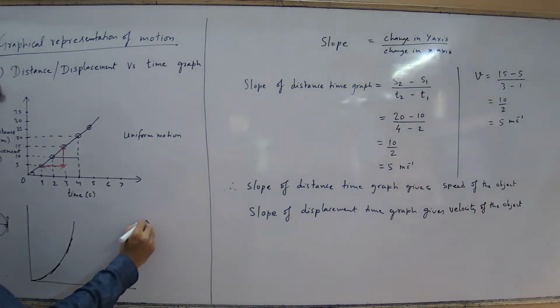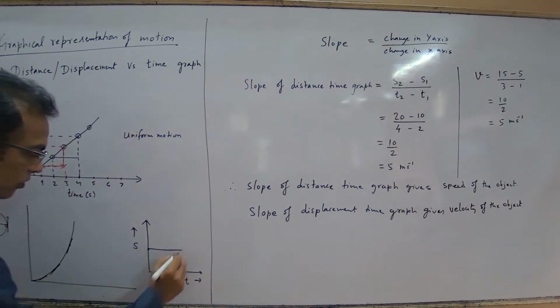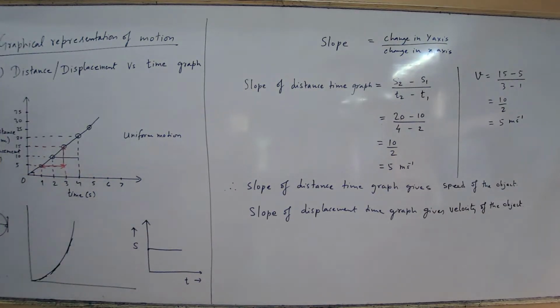Let me give you one more graph and tell me what is happening here. What is the slope in this case? Zero, because there is no angle, so it is zero. So what is the speed or velocity?